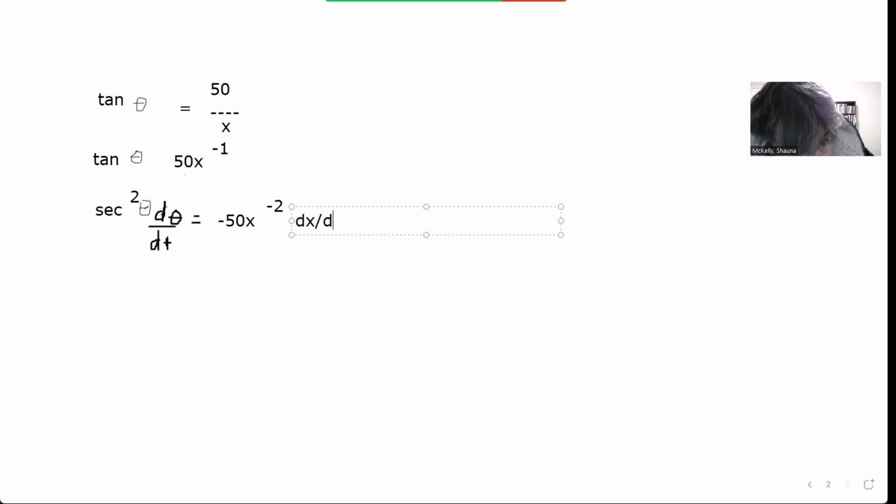Okay, there's my equation. Secant squared theta d theta dt is negative 50x to the negative 2 dx dt.